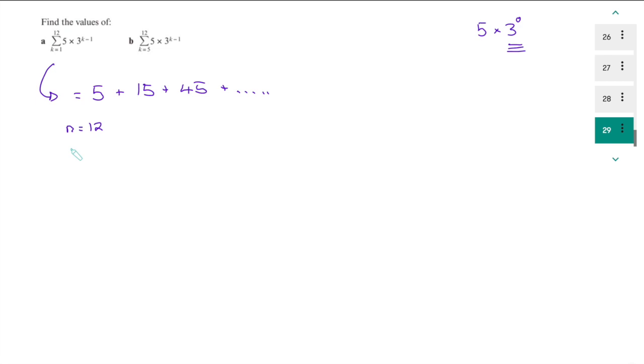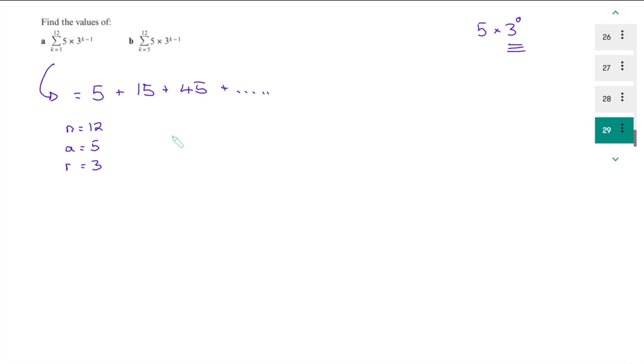What else do we need to define a geometric sequence? We need a, the first term, so in this case we've got 5, and we need r, the common ratio. So what's the common ratio? What are we multiplying by each time? We're multiplying by 3.